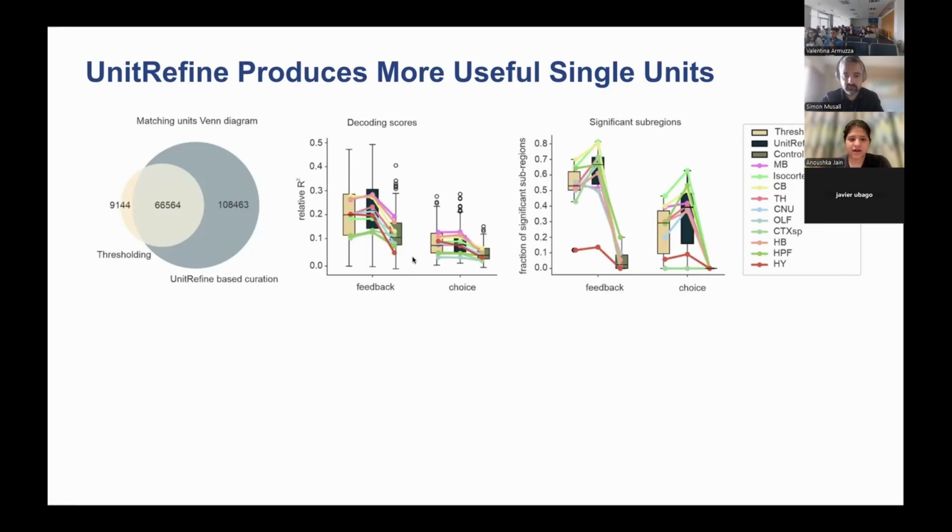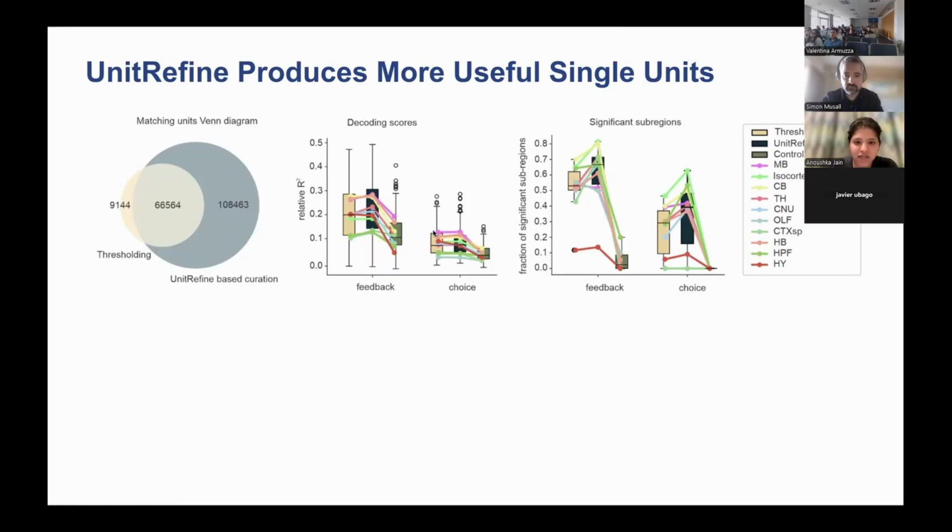And then the idea is, okay, the mouse is doing a perceptual task, like a feedback or a choice. So does using UnitRefine help? Does that curation help?